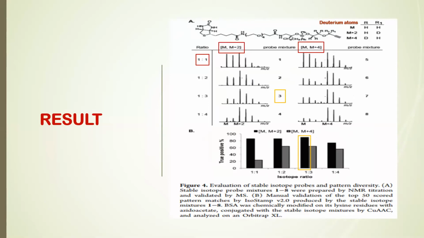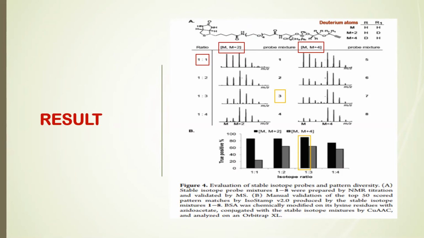This absence was potentially caused by lack of access of the probe to the sterically congested GlcNAcs, or the N-acetylglucosamine tetraacetylated. To test this hypothesis, a series of IsoTAG probes encoded by 0, which is the M, 2, which is the M plus 2, and 4, which is the M plus 4 deuterium atoms.